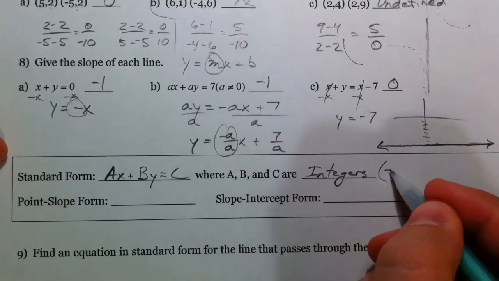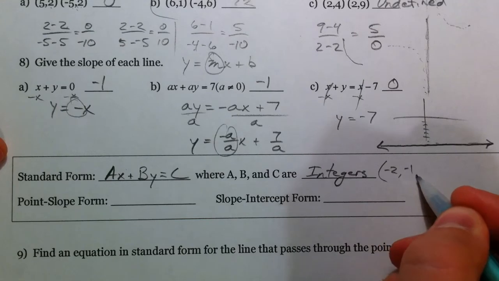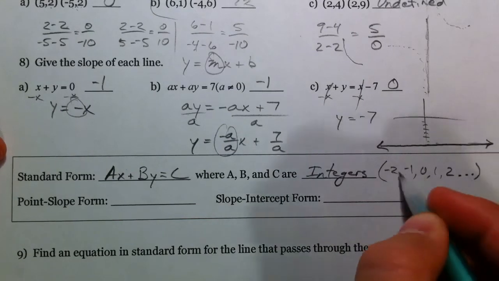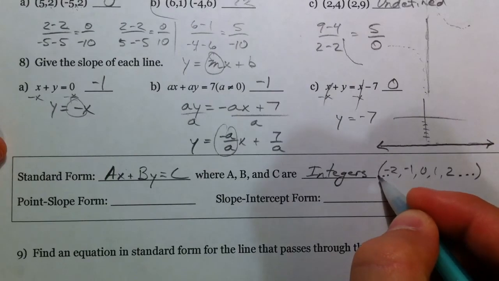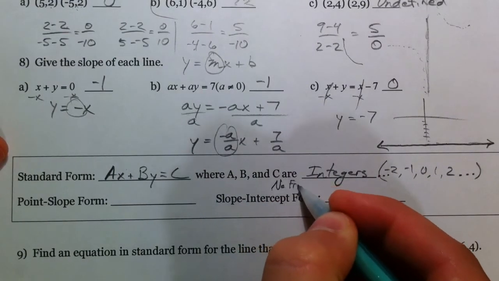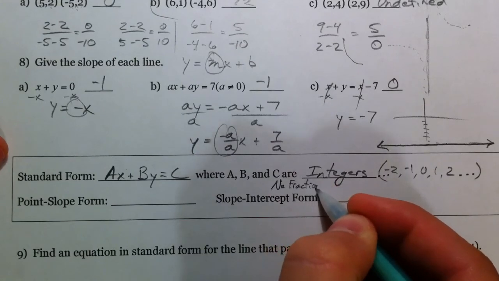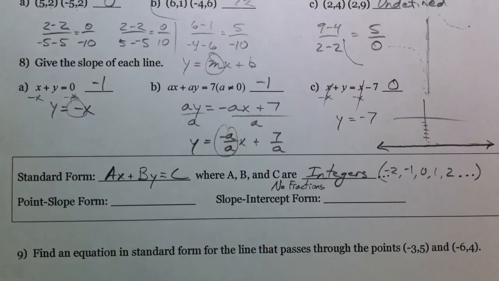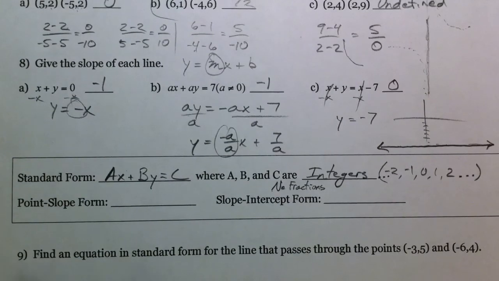So what I mean by that is negative 2, negative 1, 0, 1, 2, and so on. The basic rule is no fractions. And no square roots and all that as well, but fractions are usually the biggest problem.